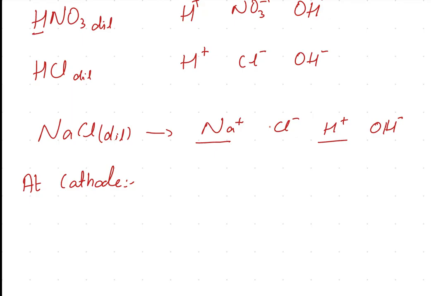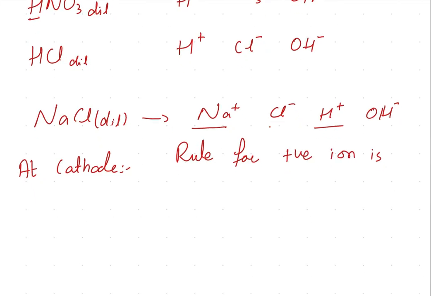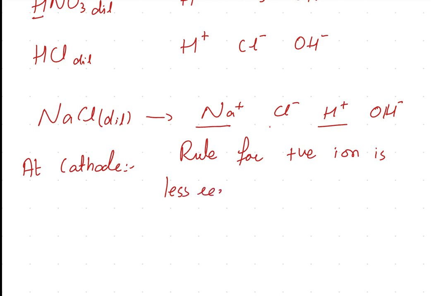So here we have to know the rule for positive ions, the rule which tells you which positive ion will move first towards the cathode and discharge first. The rule for positive ions is that the less reactive positive ion will discharge first.